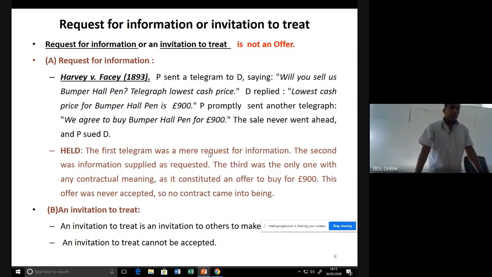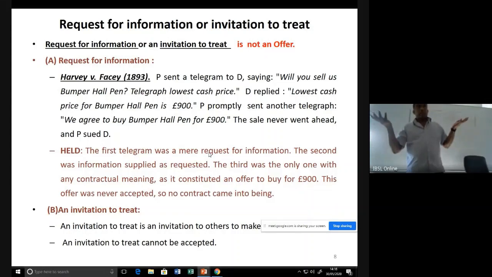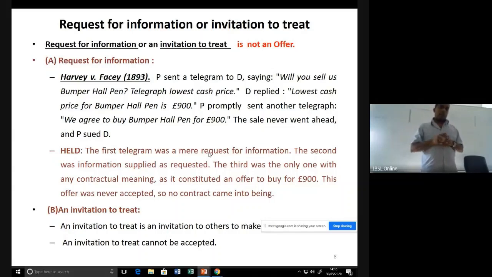The other one is invitation to trade. Invitation to trade means I invite the other party to make the offer. I am not making an offer. I say you make the offer, and if the offer is good for me, I will accept. That kind of statement we name as invitation to trade.